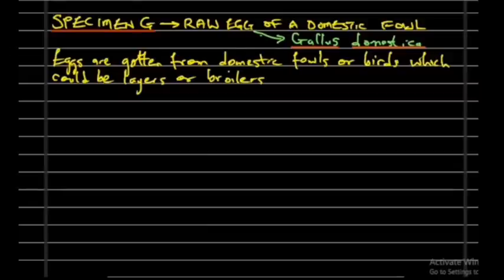The birds are oviparous, that is why they have the ability to lay eggs. They do not give birth to their young ones alive, so they lay eggs. Now the egg contains albumin, which is a clear liquid.